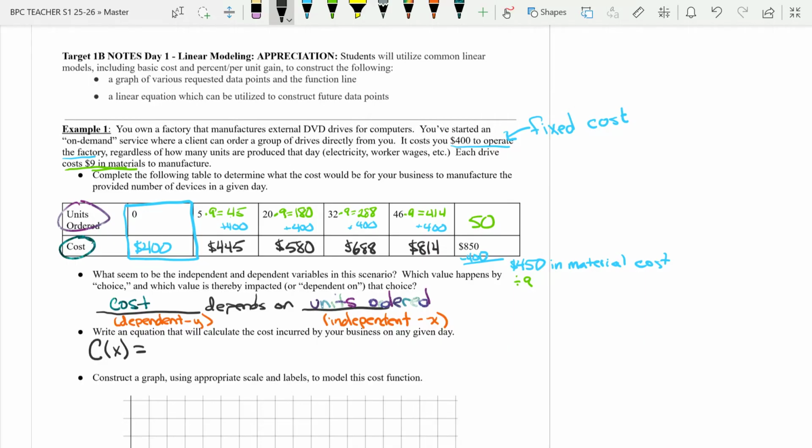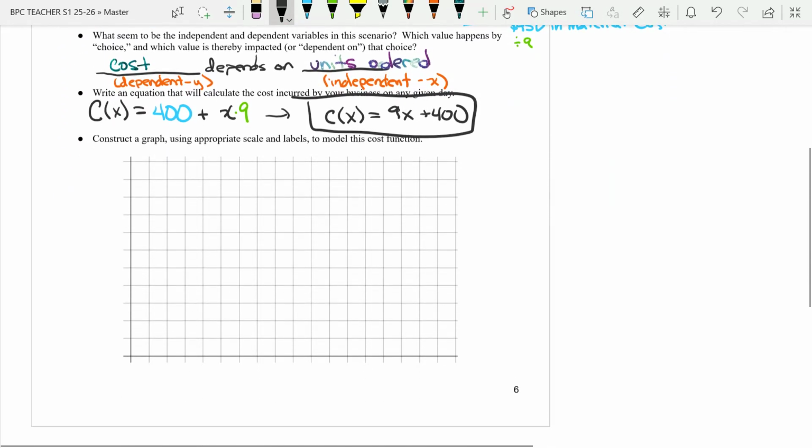So c of x is equal to, well, I had $400 as my fixed cost, plus some number of items times 9. Now if I want to fix that up to look a little bit more like a standard form thing, I'll say c of x equals 9x plus 400, which you'll notice is a linear equation.